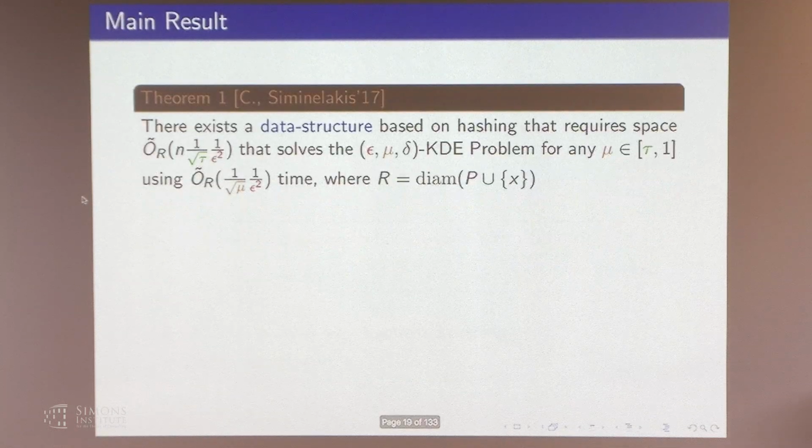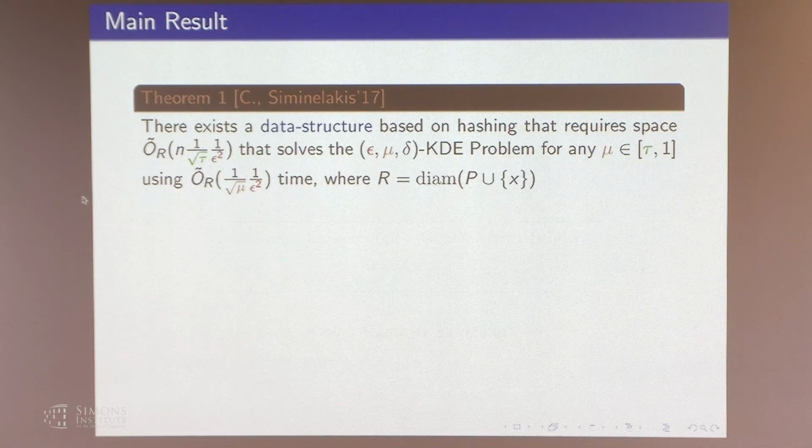If you want to solve this problem, we can do this with query time which is 1 over square root mu. Whenever I have this kind of query time, I'm always going to have 1 over epsilon squared dependence, so I'm not going to mention it. And the size of the data structure is going to be n times 1 over square root tau. Tau, if you remember, was this lower bound on mu. So that's the main result.